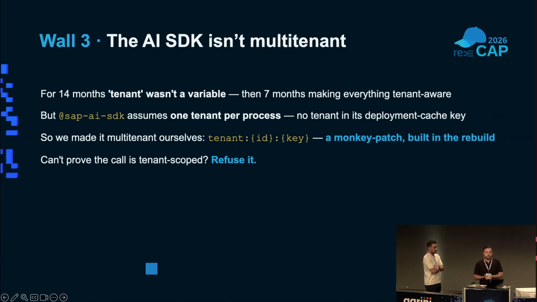So what we did is we came up with a part of our rebuild. We made the SDK multi-tenant by a monkey patch that patches the deployment cache. So in the deployment cache, we added a key that equals the tenant ID. And that's how we fixed it.